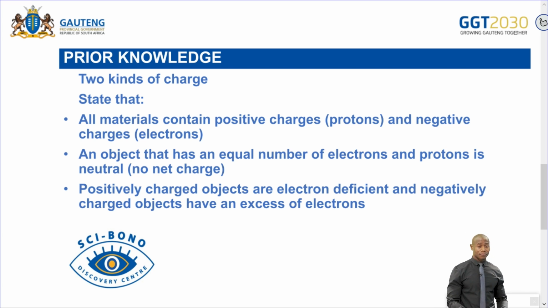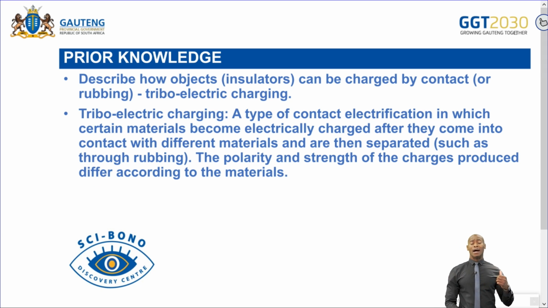So that is what you know from Grade 10. When it comes to objects, all objects contain positive and negative charges. Those with an equal number of electrons and protons are neutrally charged. The ones that are positively charged have more protons than electrons, which means they are electron deficient, or have a shortage of electrons. The ones with excess electrons are negatively charged.